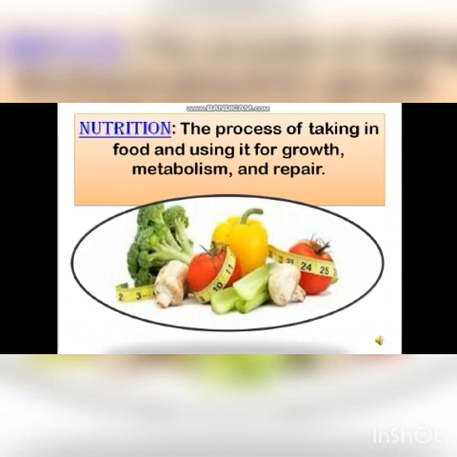Nutrition deals with everything related to food: how the organism gets its food, what the sources of food are, how the food enters the body, how the food gets digested, and how it provides energy to the body.